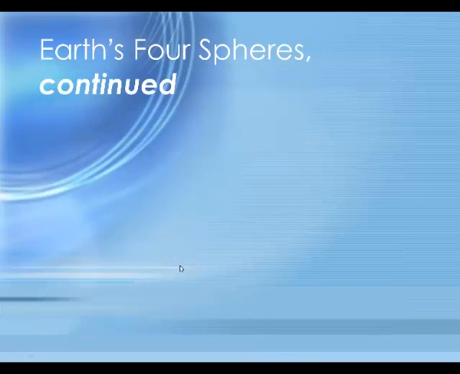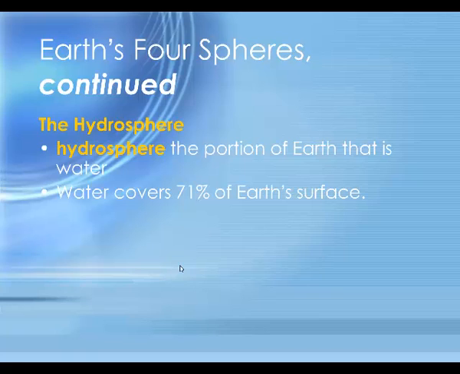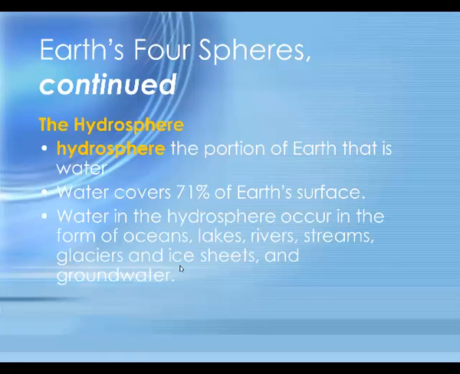The hydrosphere. The hydrosphere is the portion of our planet that is water. Remember that water covers 71% of our surface. The hydrosphere includes any body of water, whether it be oceans, lakes, rivers, streams. It could be frozen water like glaciers and ice sheets, and it also includes groundwater.